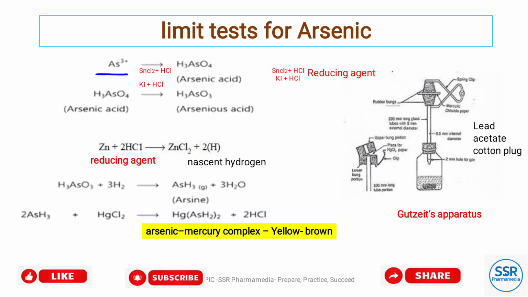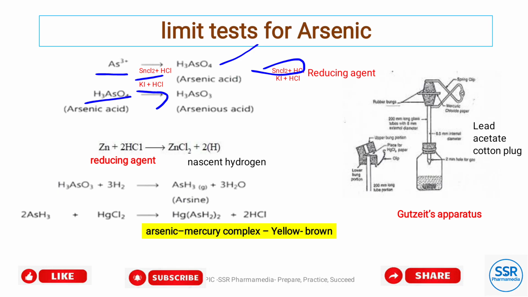Arsenic present in the sample, when we add stannous chloride and HCl medium, is reduced to arsenic acid. So stannous chloride and HCl act as a reducing agent. Then this arsenic acid, in the presence of potassium iodide and HCl, is reduced to arsenious acid.